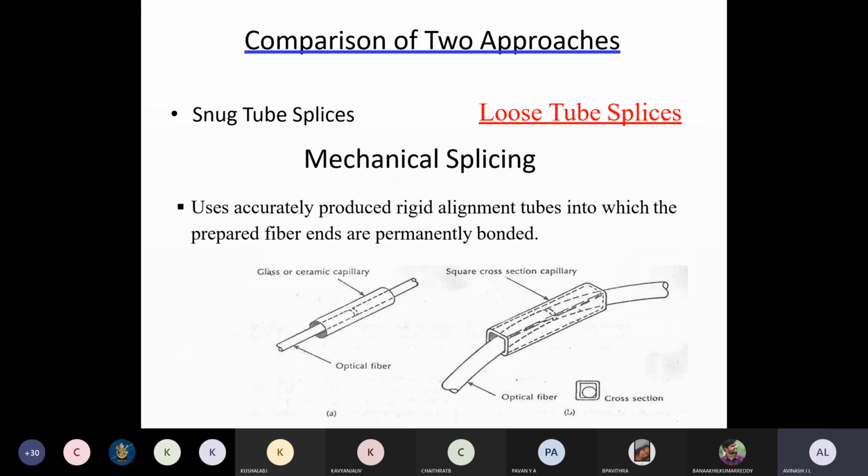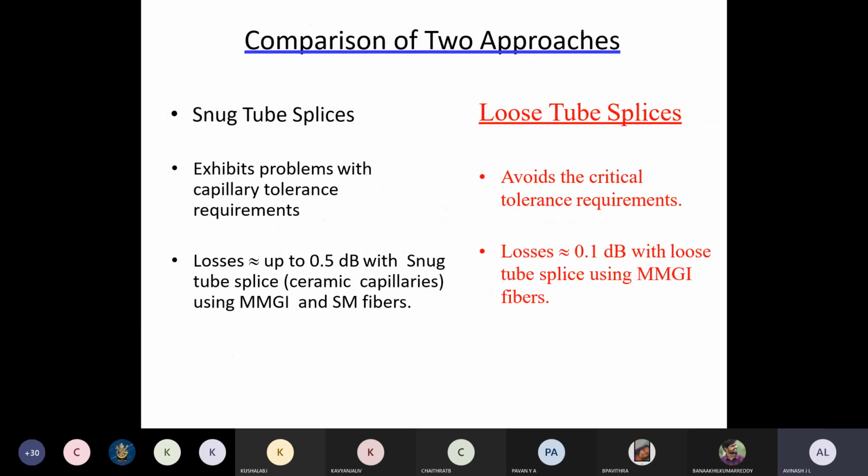Once you have taken this diagram, we'll move on to the next thing. Now the comparison of two approaches: the first is snug tube splices and the second is loose tube splices. Snug tube splices exhibit problems with capillary tolerance requirements. Loose tube splices avoid the critical tolerance requirements. So loose tube splices are more advantageous, since the tolerance requirements are not there.